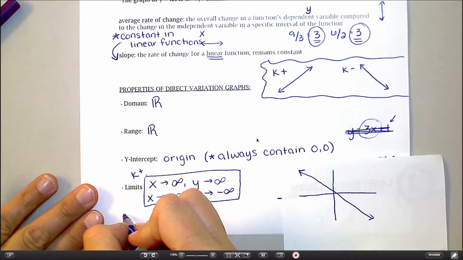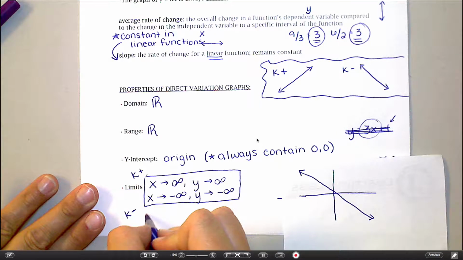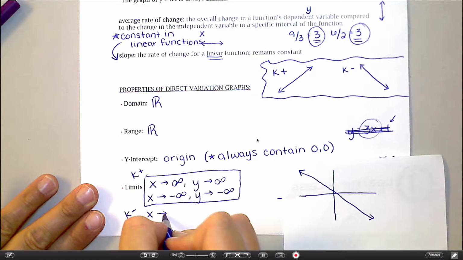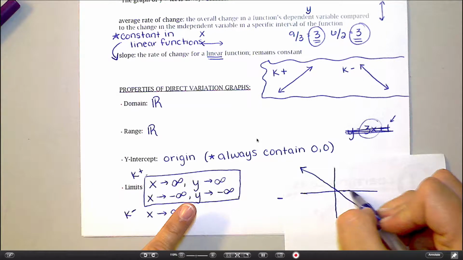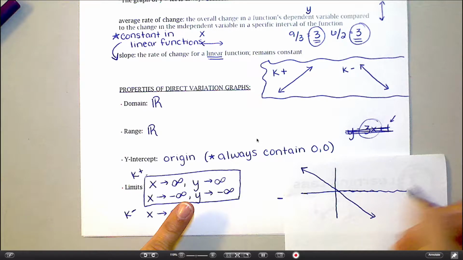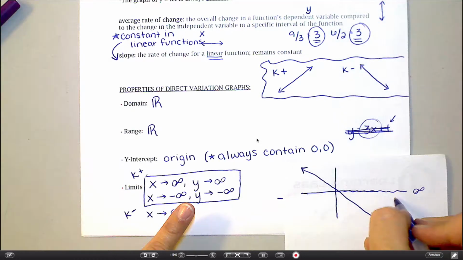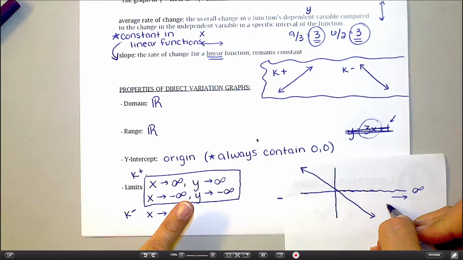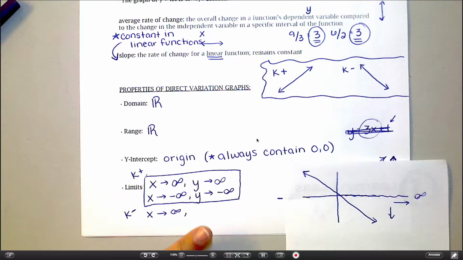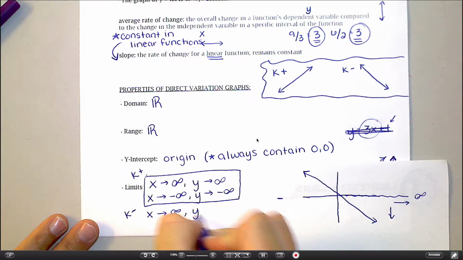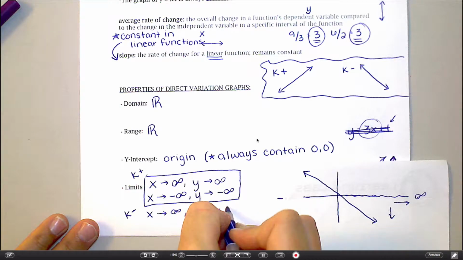So when k is negative and x approaches infinity, so as I walk out along the x-axis forever and ever in this direction towards infinity, what's happening to my y values? They're going down and down and down forever. And so if they're going down forever, we would say y approaches negative infinity.